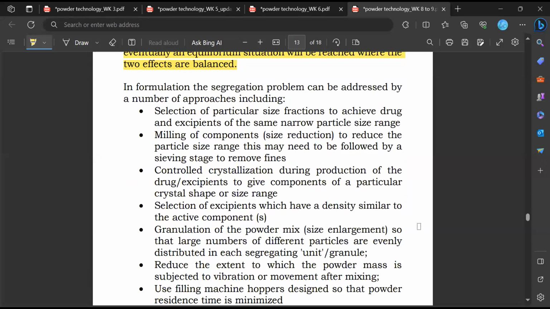Then in formulation, the segregation problem can be addressed by a number of approaches.